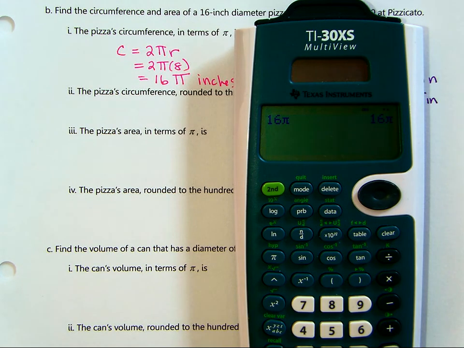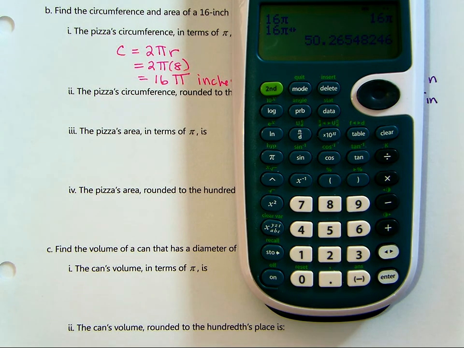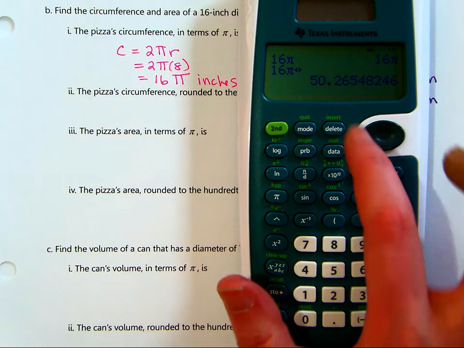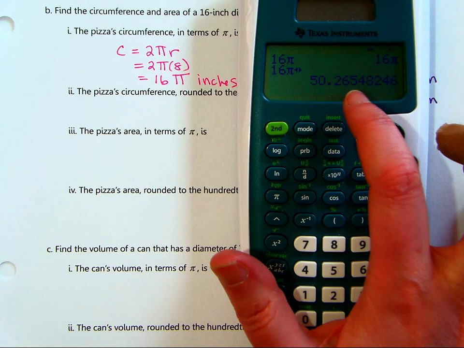So I have to use that triangle button at the bottom, that decimal button right here. This button says, I want a decimal approximation. So what's that to the nearest hundredth? 50.265, so 50.27.